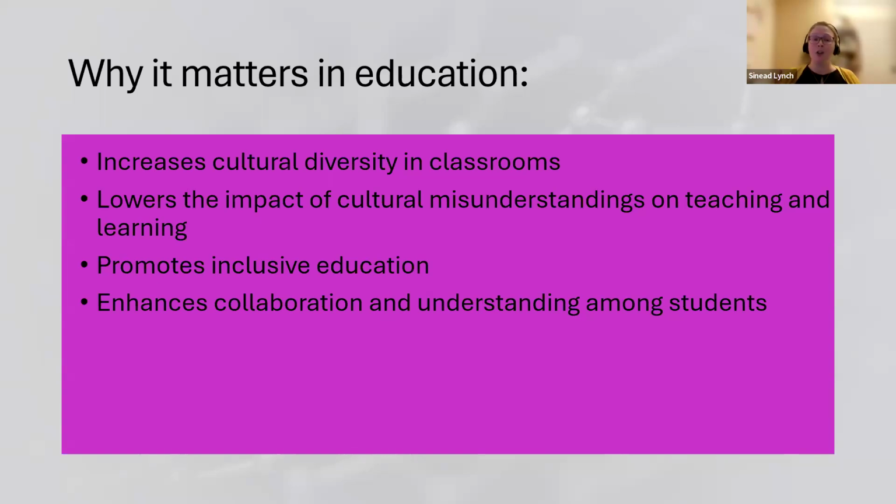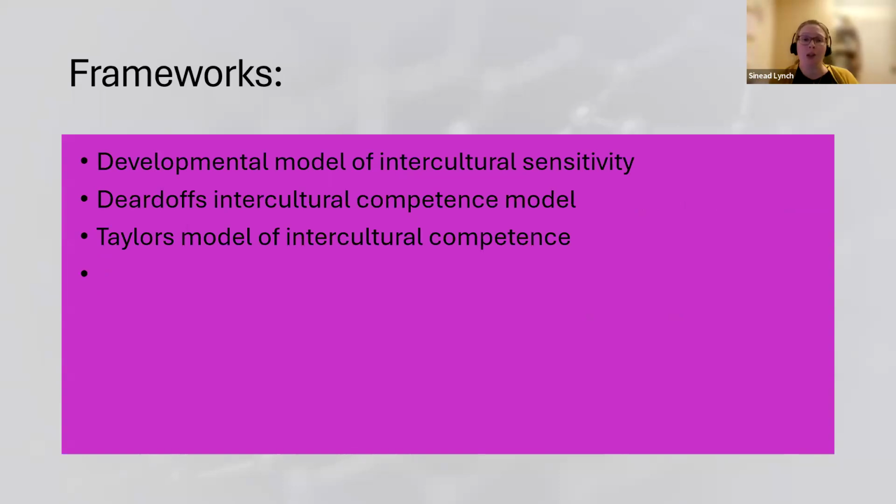So that's not just between the teacher and the students, but between the students and each other. It helps them to build collaboration, to build relationships, and to understand each other and each other's needs better.